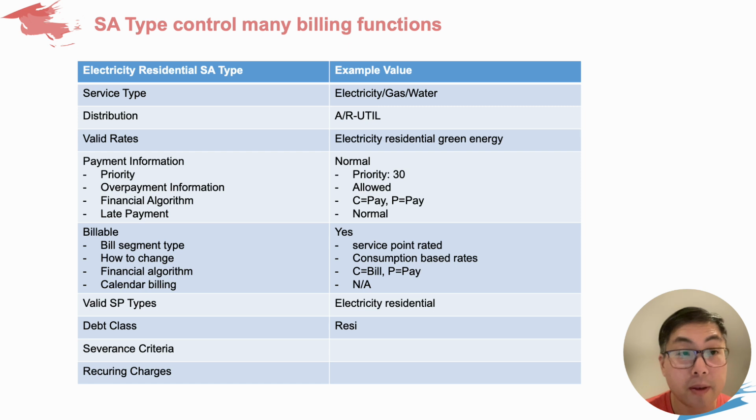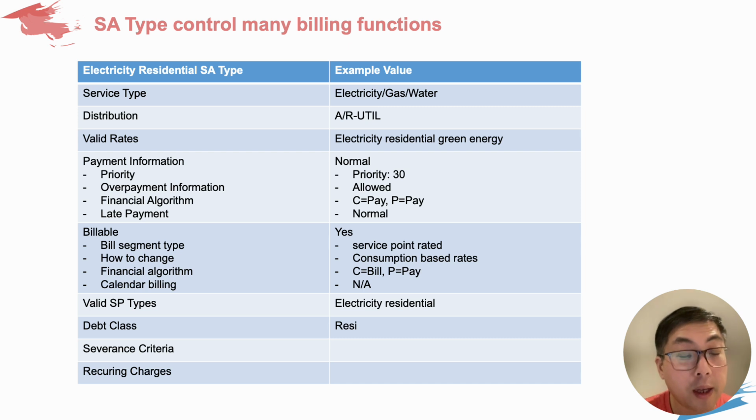Okay, so this is a single view and residential for the customer segments, and how that looks like, which attributes actually impact the bill. First of all, service type. So service type could be electricity, gas, and water. In this case, it will be electricity.